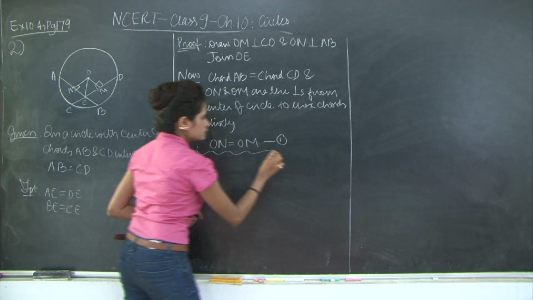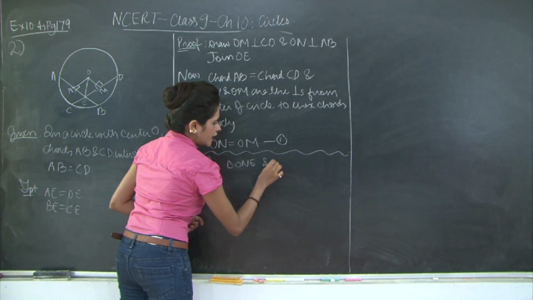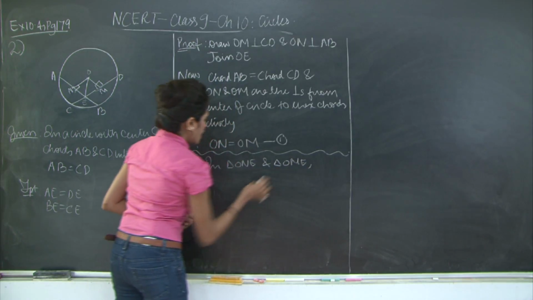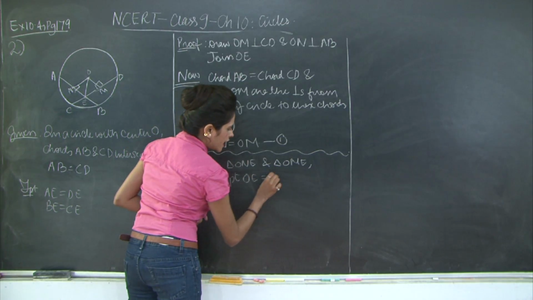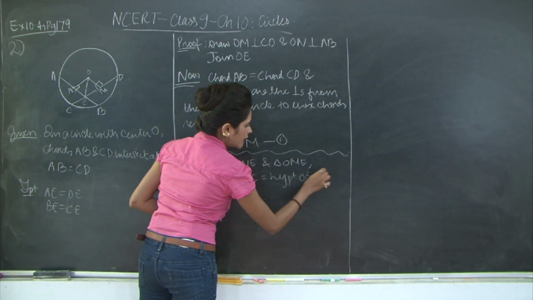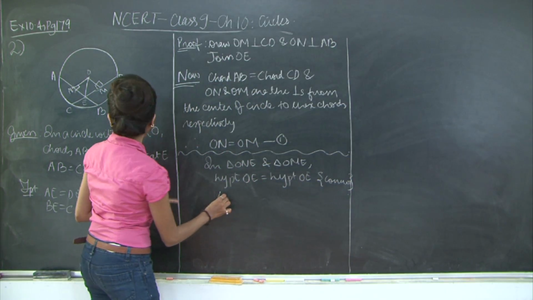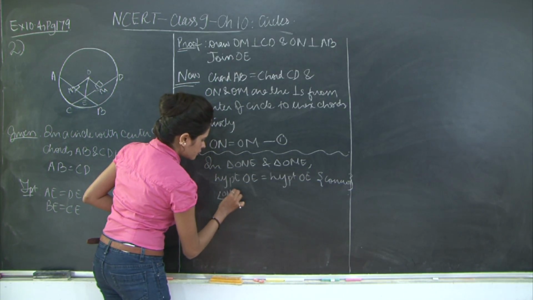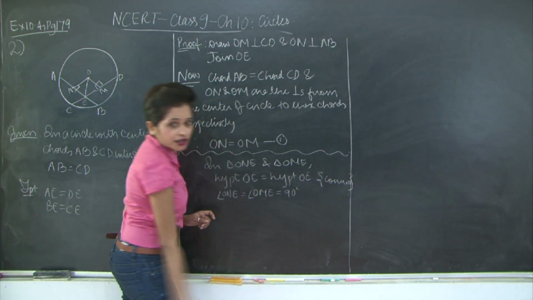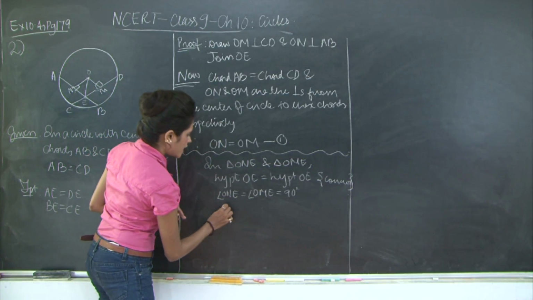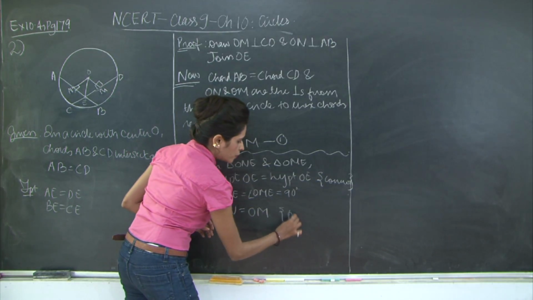Now, in triangle ONE and triangle OME, I have hypotenuse OE is equal to hypotenuse OE. Why? Because it is the common side. So I'll say common. Then I have angle ONE is equal to angle OME is equal to 90 degrees, because each of these are perpendiculars, and also I have ON is equal to OM, I'll say from 1.